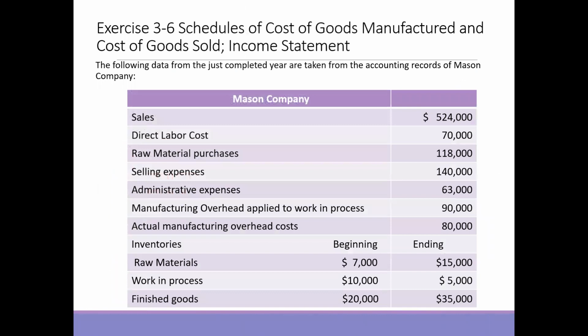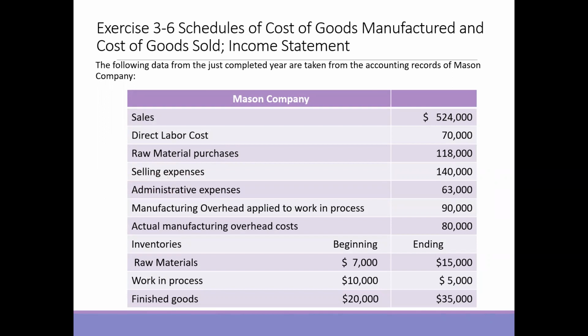So now we've got sales, direct labor costs, raw materials, selling expense, admin expense, manufacturing overhead applied to the work in process, and then the actual manufacturing overhead cost.